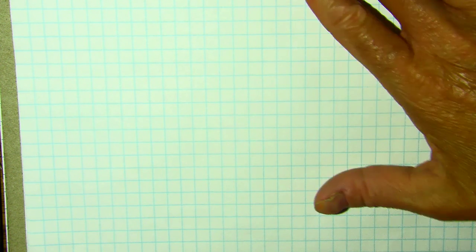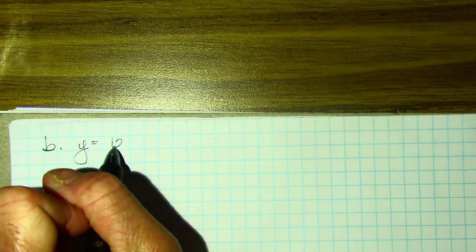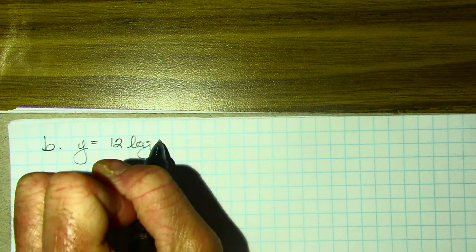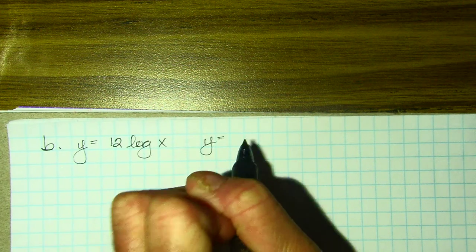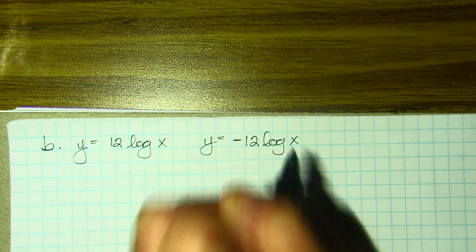Again, when in doubt, you may use Desmos for your graphs. Sorry, I'm just going to my notes. So in B, they asked us y equals 12 times the log of x, and to graph y equals -12 times the log of x.